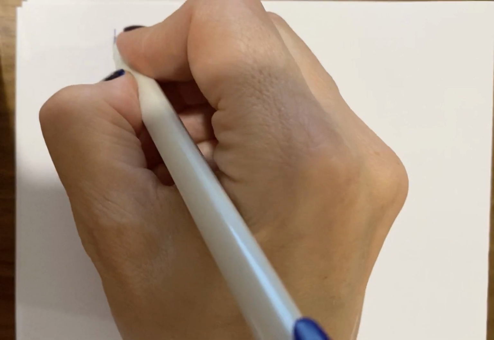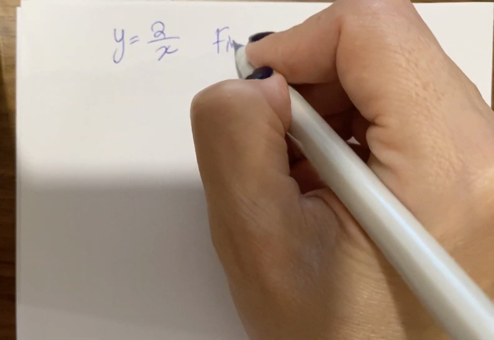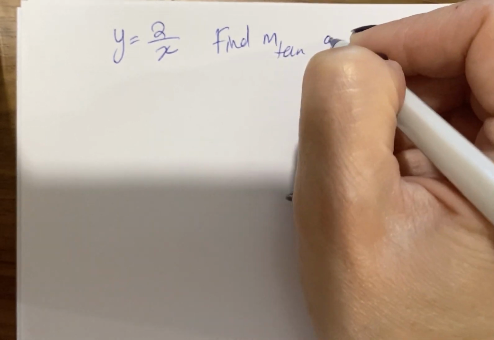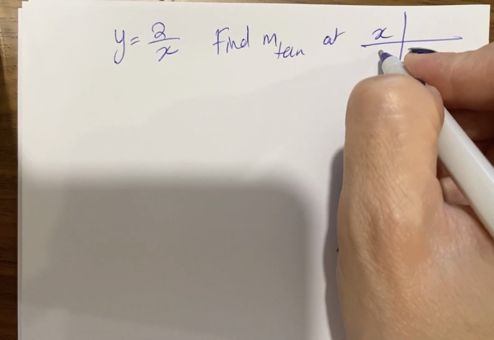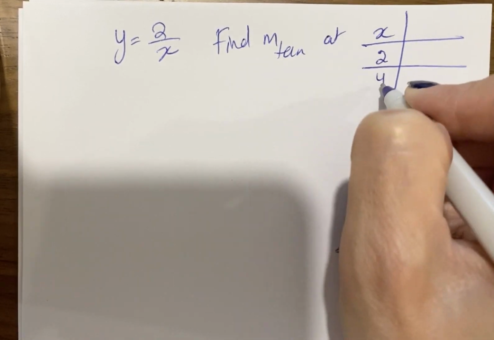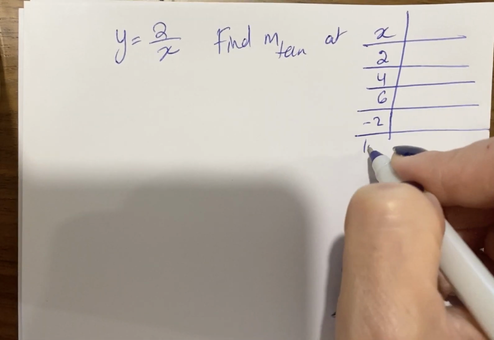Now let's assume for the same problem, I want you to find the slope of the tangent at all those x values. We found already at 2, at 4, at 6, at minus 2, and at 10.